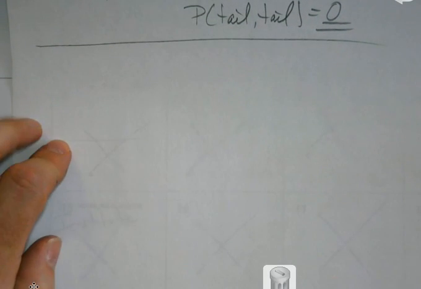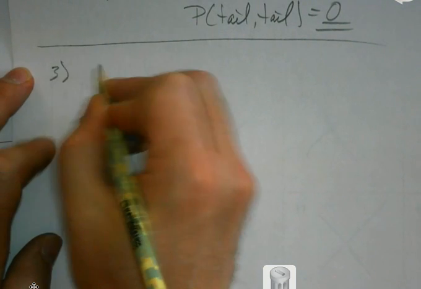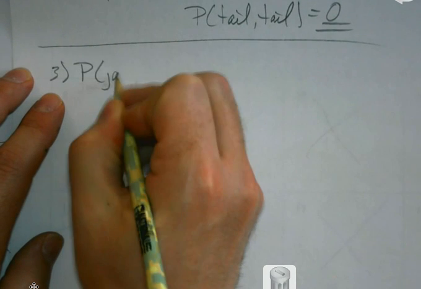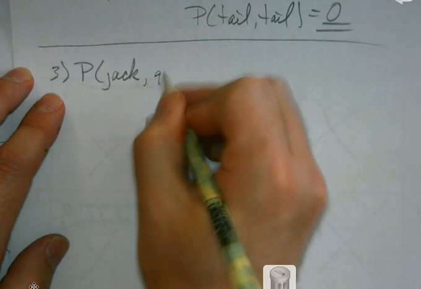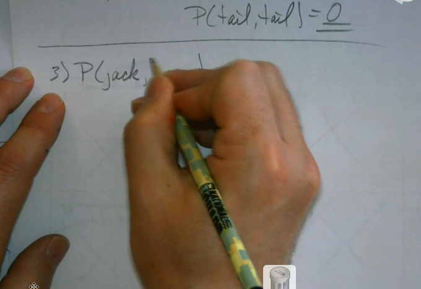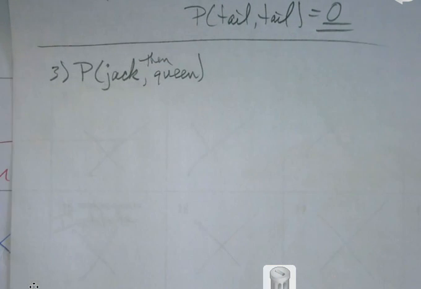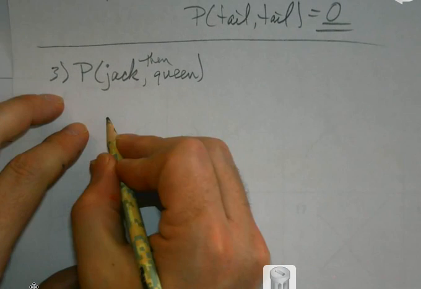Okay, we have a deck of cards, and I'm looking for the probability of drawing a jack, then drawing a queen. Now the word then isn't put in there, but we assume it with the comma. So let's think about this for a minute.